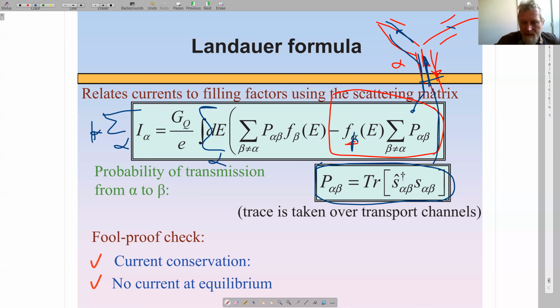We put beta here, alpha here, and they cancel. Probabilities are symmetric. Fine. And of course, if all filling factors are the same, there is no current. So we also check the second rule.